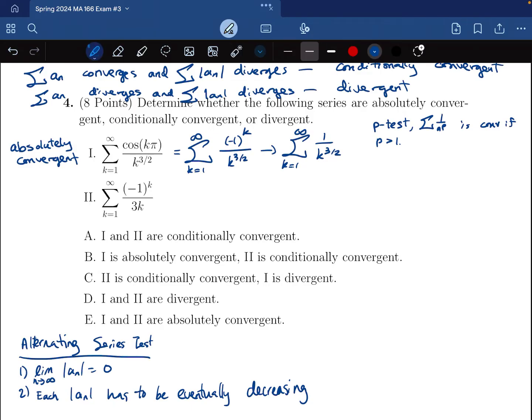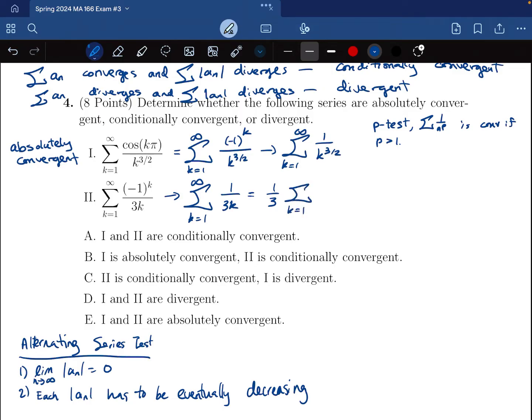Now let's determine whether or not this series is absolutely convergent. So we take the absolute value of all terms, and we end up with this. I can pull the 1/3 out from the summation, since 1/3 is a constant.